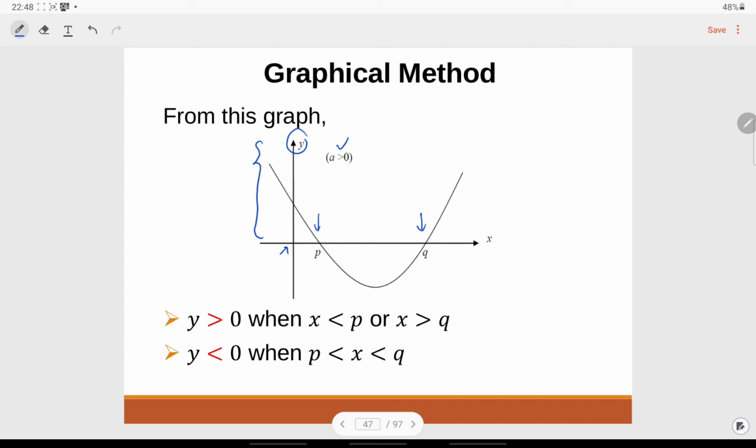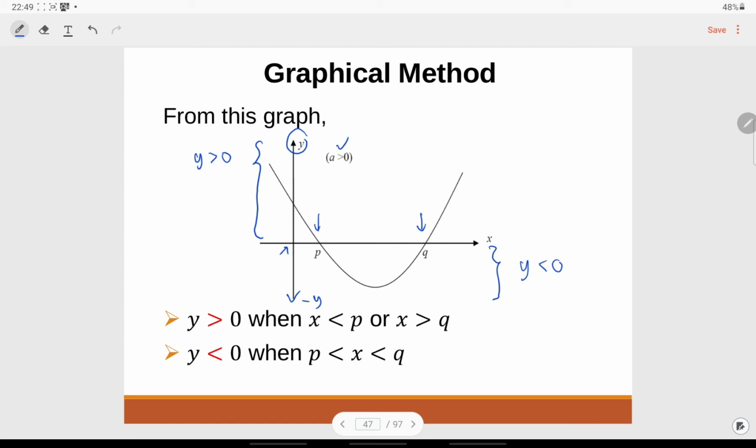Where is the area when y is less than 0? The area is below the x-axis because the graph goes to negative y. So this area is for y greater than 0, and this area is when y is less than 0, below the x-axis.